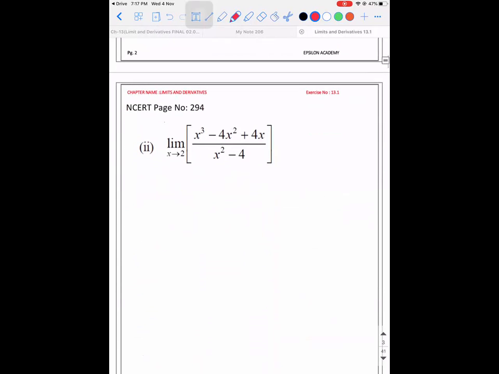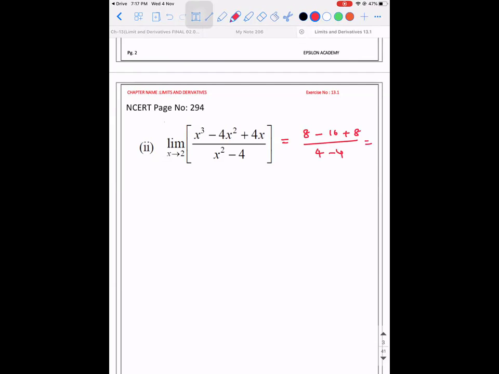Now comes the challenge. See, when I substitute x tends to 2 here, what is going to happen? 8 minus 16 plus 8 divided by 4 minus 4.